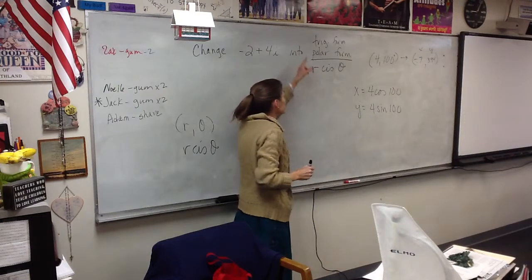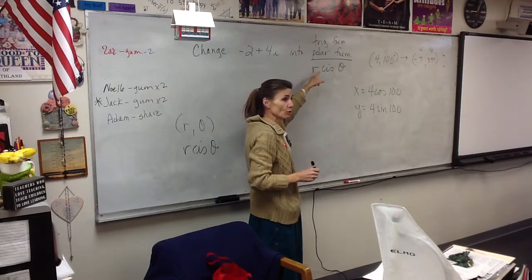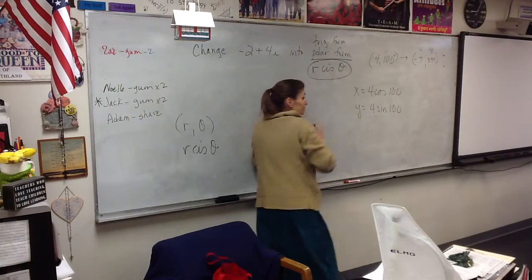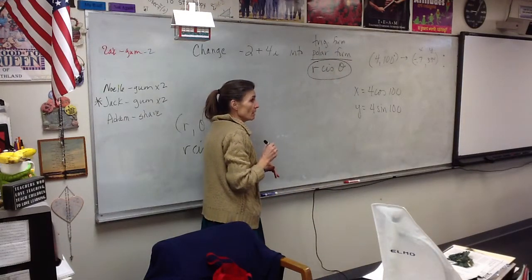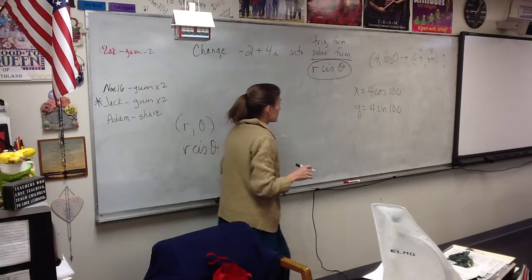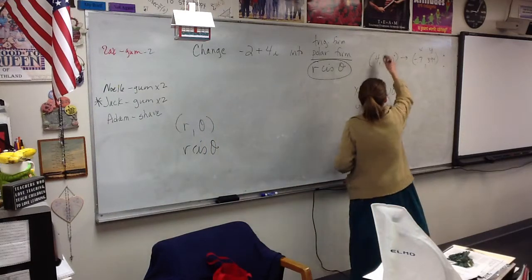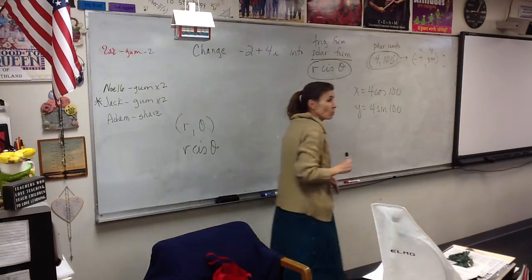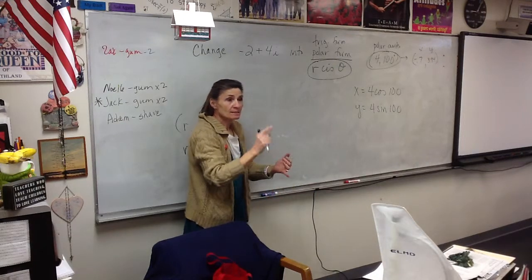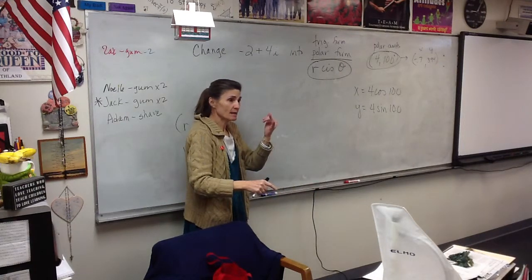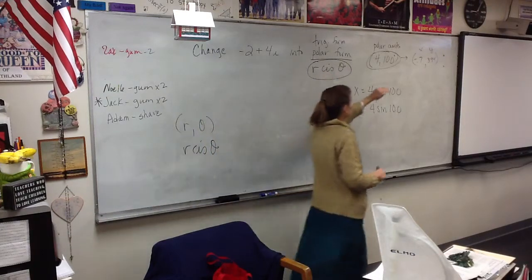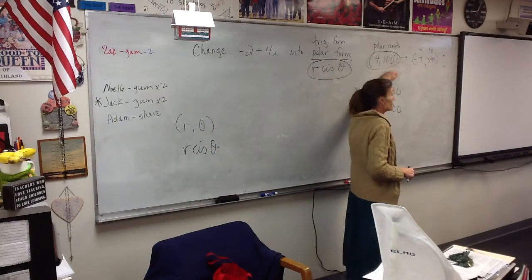When you see either of those two words, this is what you think of. Period. If you see polar coordinates, this is what you think of, an ordered pair. Same r, same theta, but you either write it with your cis notation or you write it in parentheses.